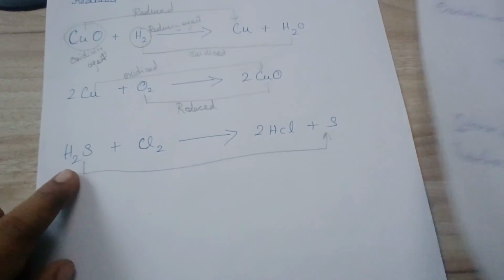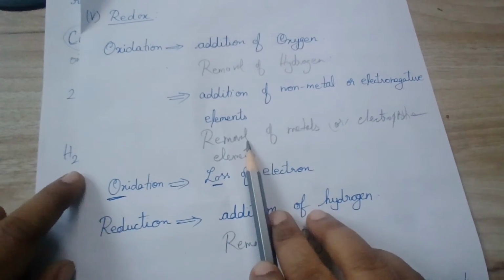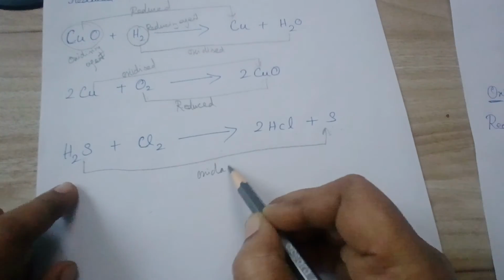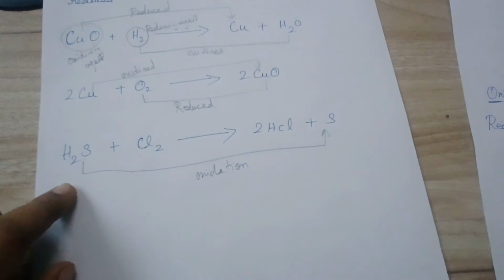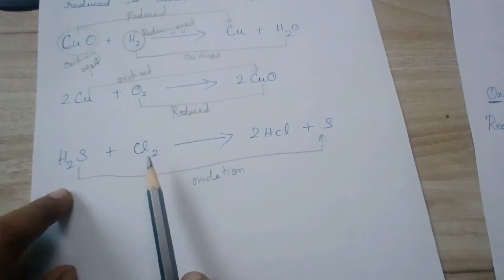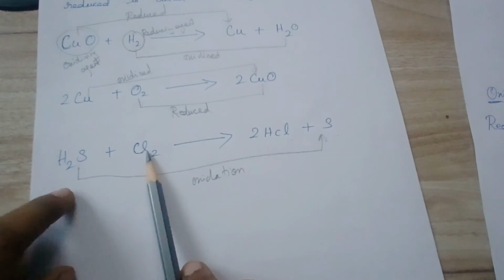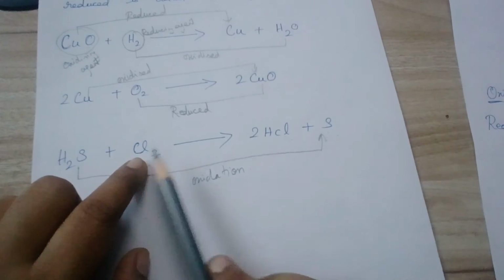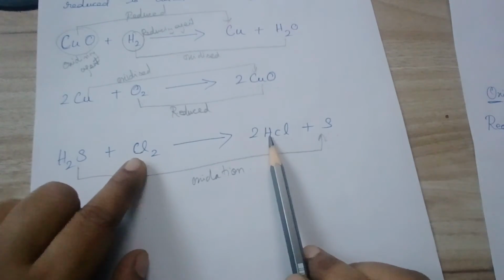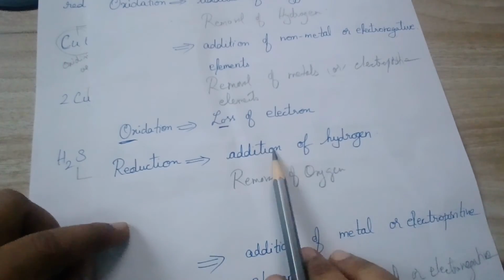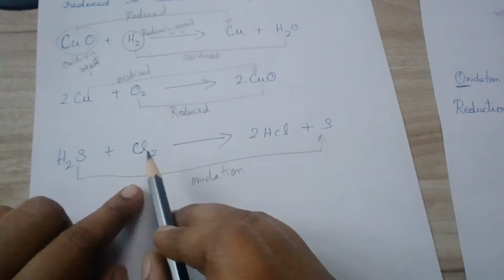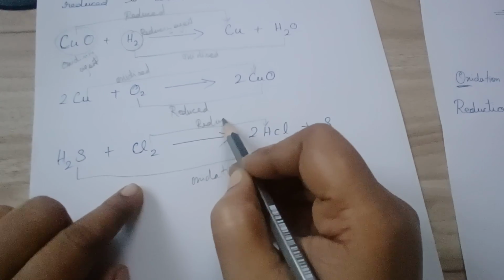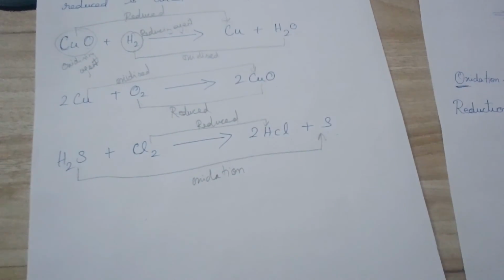Removal of non-metal means oxidation process. This chlorine becomes hydrochloric acid. This chlorine gains one hydrogen, that means addition of hydrogen. Addition of hydrogen means reduction process. This chlorine is reduced. Clear on this?